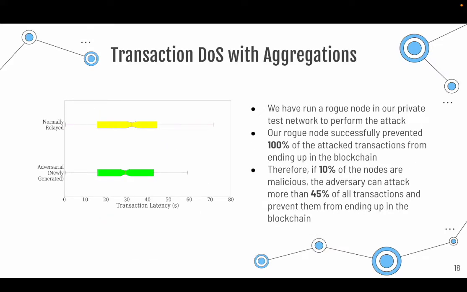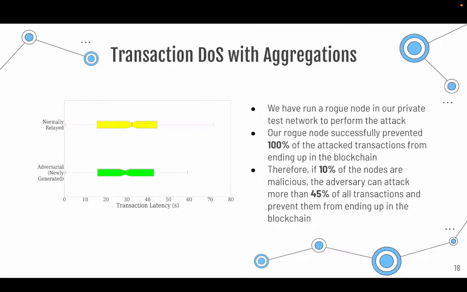To determine the impact of our attack, we have run a rogue node in our private test network that performs the attack exactly as described in the design of the attack. And our rogue node successfully prevented all of the incoming transactions from ending up in the blockchain.